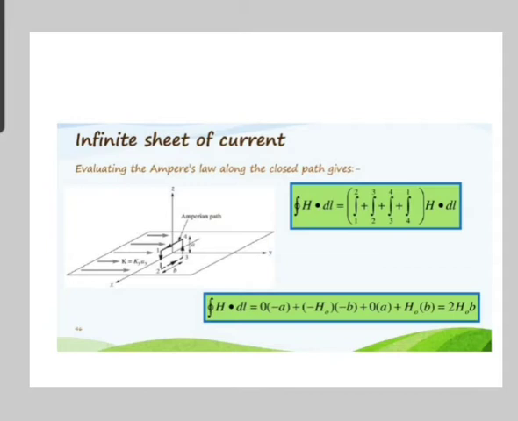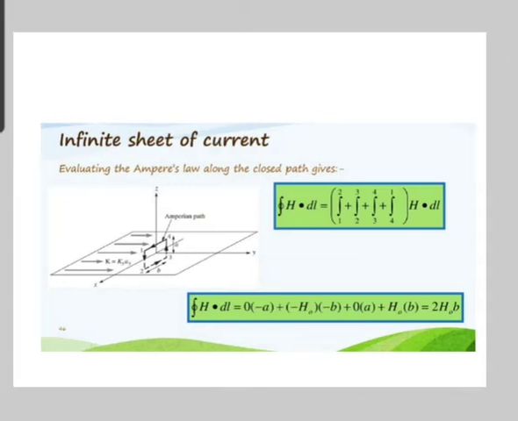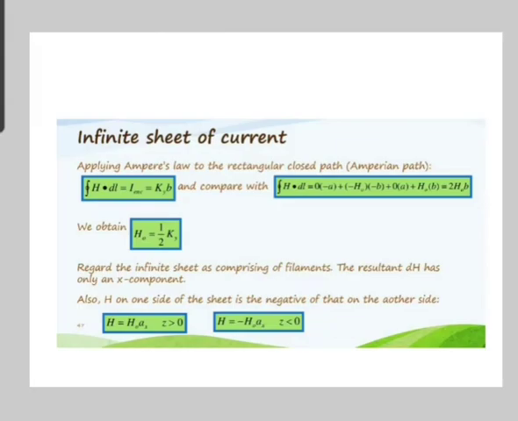Now for the infinite sheet current, here the equations for the integration of H bar are given. So by applying Ampere's law to the rectangular closed path, and comparing, we get H is equal to 1 by 2 K.